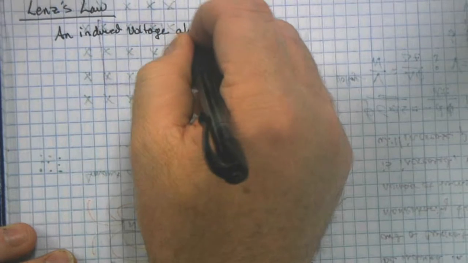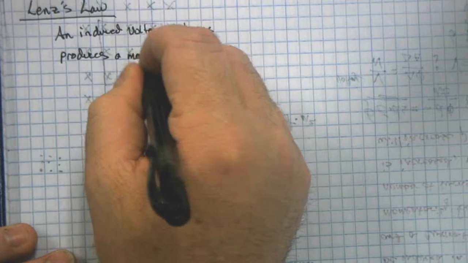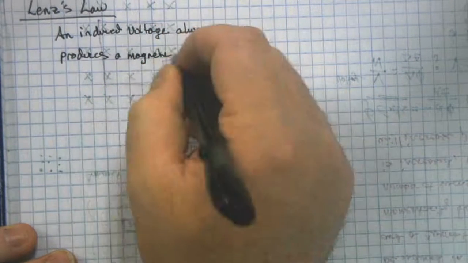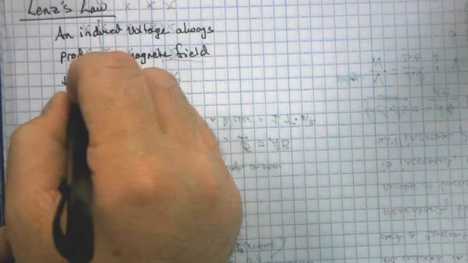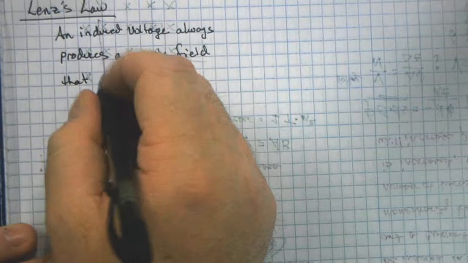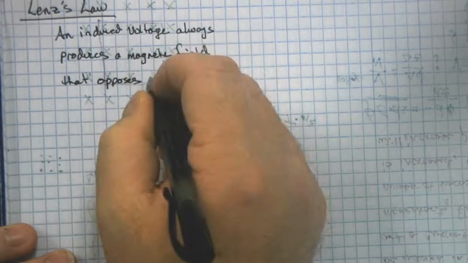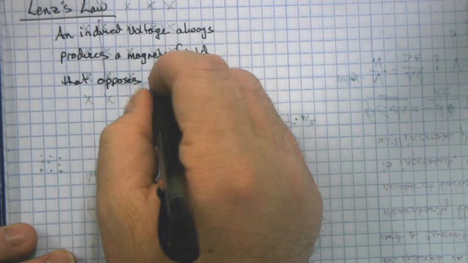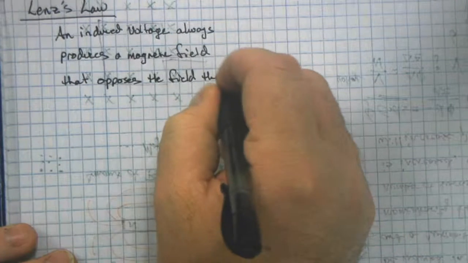Okay, an induced voltage always produces a magnetic field that opposes the field that produced it.